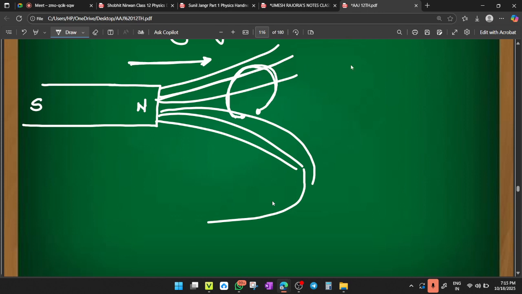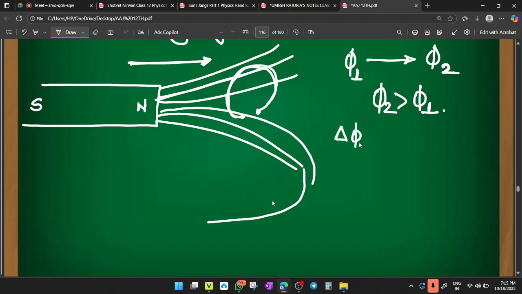Initially let us suppose the flux is phi 1, but when you bring the magnet closer, the flux changes to phi 2. Definitely phi 2 will be greater than phi 1. So there is a change of flux, equal to phi 2 minus phi 1.